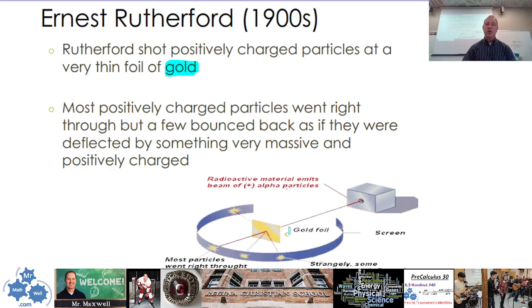Most of the positively charged particles went right through, but a few actually bounced back as if they were deflected by something very massive and positively charged. So just consider this.